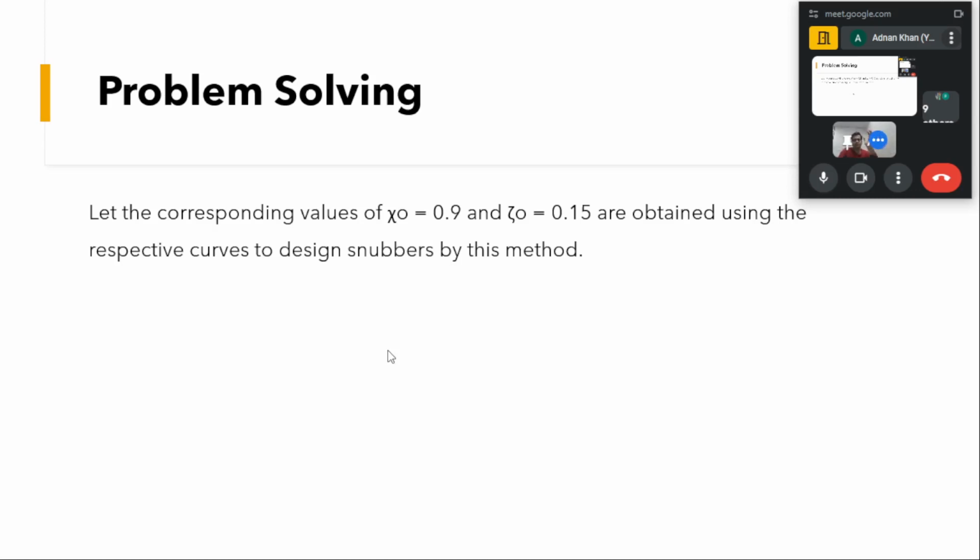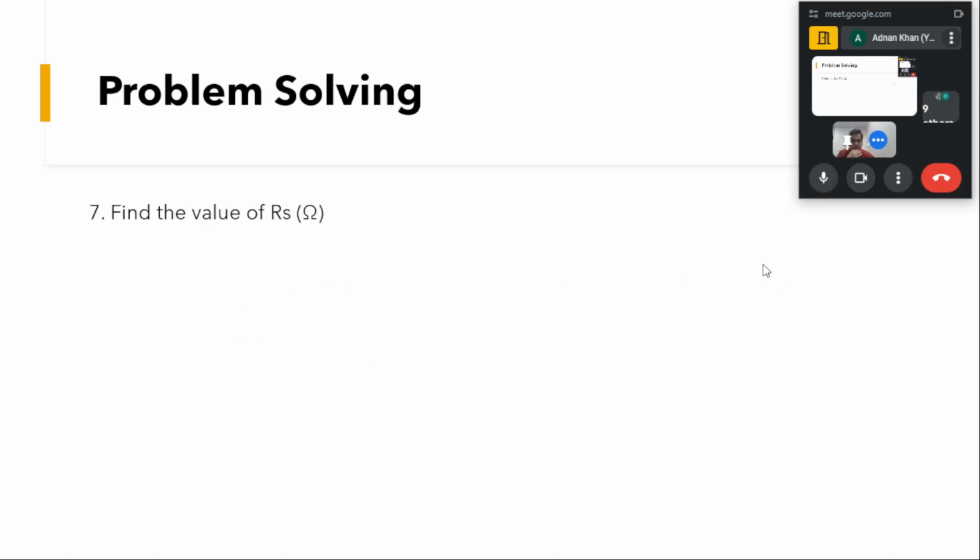So now what is being given here is that we have to find the corresponding values of chi. It is given that chi is equal to 0.9 and xi is equal to 0.5. Using the similar graph that I had already discussed in the previous slide, we have to design the snubber in this way.